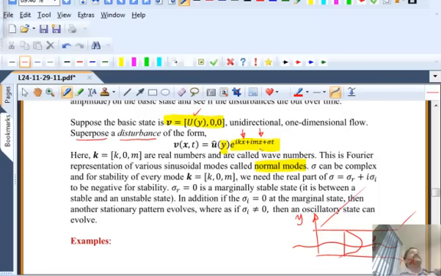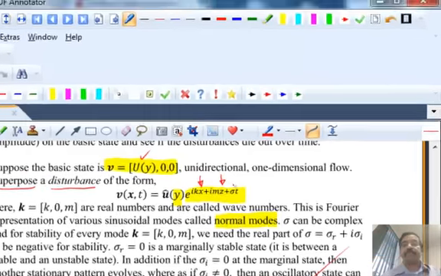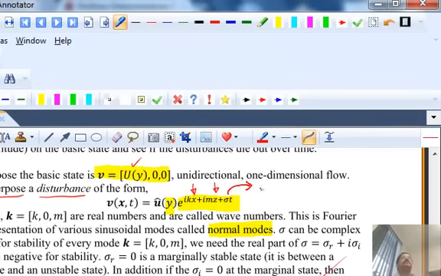Okay? And what do I want to compute from this? I want to compute sigma, my eigenvalue, and make sure that the real part of that eigenvalue is negative for stability. That would mean that the periodic disturbance I put will decay with time. Then the flow will be considered as stable.